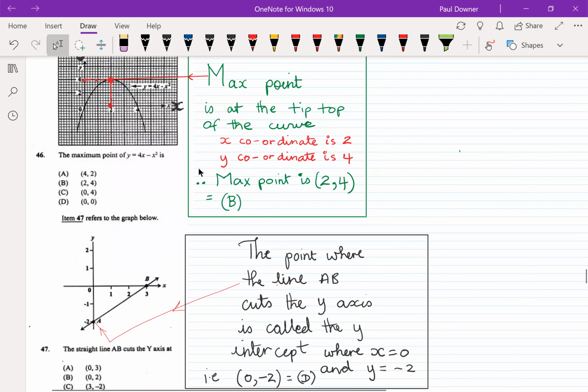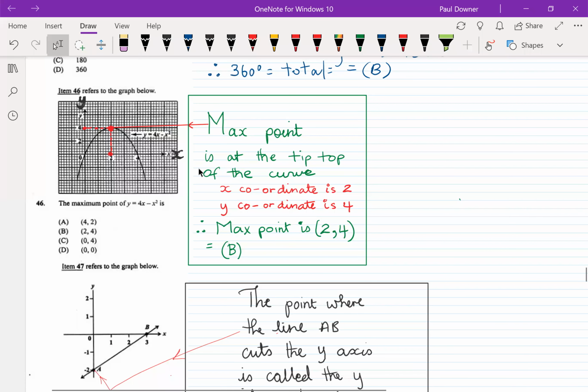In number 46, they say the maximum point of y equals 4x minus x squared is. But the maximum point really is this tip top point here, right? It's at the tip top of the curve, which is this point right here. Now, in order to state a point, you need an x coordinate and a y coordinate. So the x coordinate starting from here will be 1, 2.